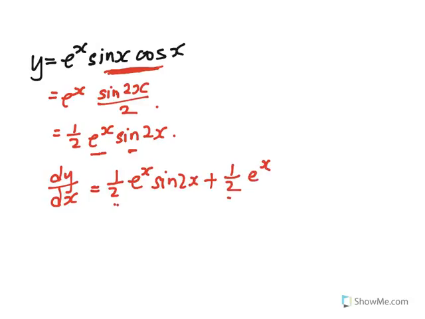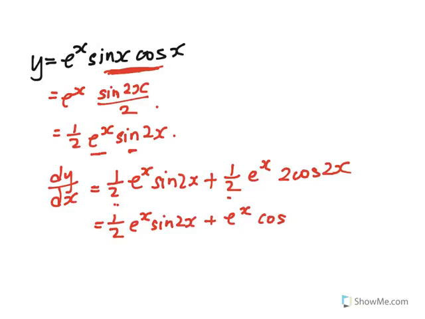Keep e^x, differentiate sine 2x, we have 2 cos 2x, right? So can we simplify this? Yes, we can. It's just a half e to the power x sine 2x plus e to the power x cos 2x. Okay, that's dy/dx.